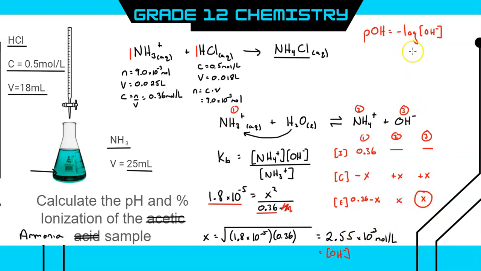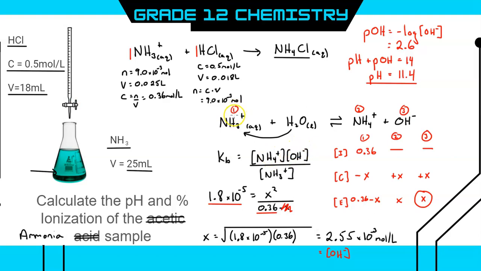So if we plug in that value into our calculators, we get a pOH of 2.6. Now, since we know that pH plus pOH will equal 14, pH will just be 14 minus 2.6, which is 11.4. So we figured out the pH of that original ammonia solution.